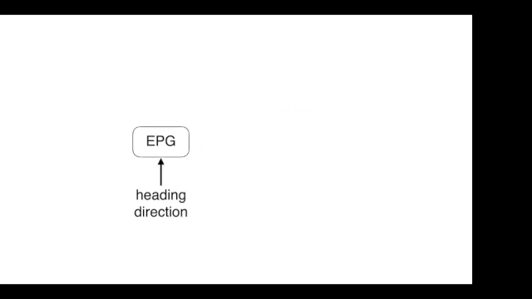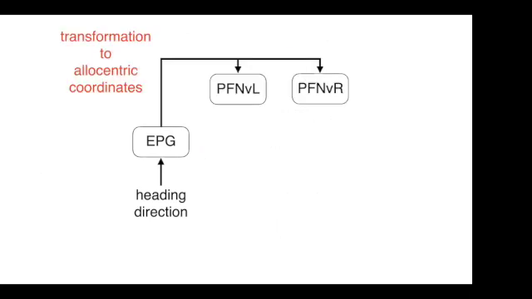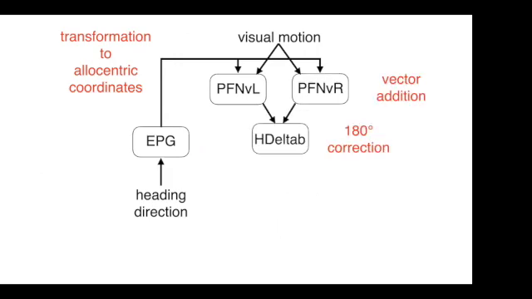And so let me just take you through the circuit. You have these EPG neurons representing heading direction. They translate that compass signal to another set of neurons that get visual motion. Those neurons do vector addition. There's this 180-degree correction, and you get the signal going to the PFRs.